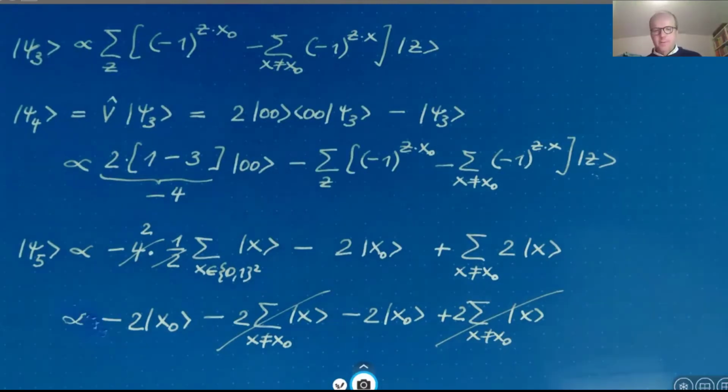So up to possibly a sign, the state psi5, the final state before the measurement, is actually the basis state x naught corresponding to the correct solution. And then it's clear that if I perform a measurement in the standard basis, this will give me precisely x0, so it will give me the correct solution.